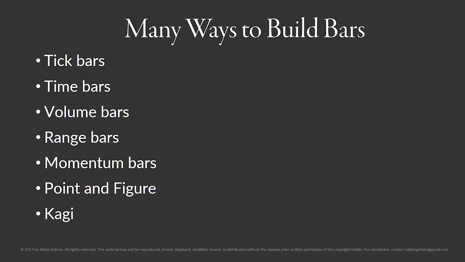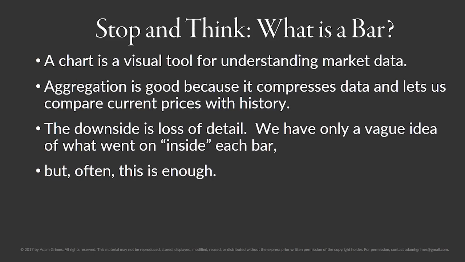Some markets don't typically quote volume, so we might not know. Range would be another way, where the market moves enough up or down, changes prices enough, that we then move to another bar. Momentum bars, point. There are a lot of different ways to make bars, but we're just going to keep it very simple. Now, stop and think.